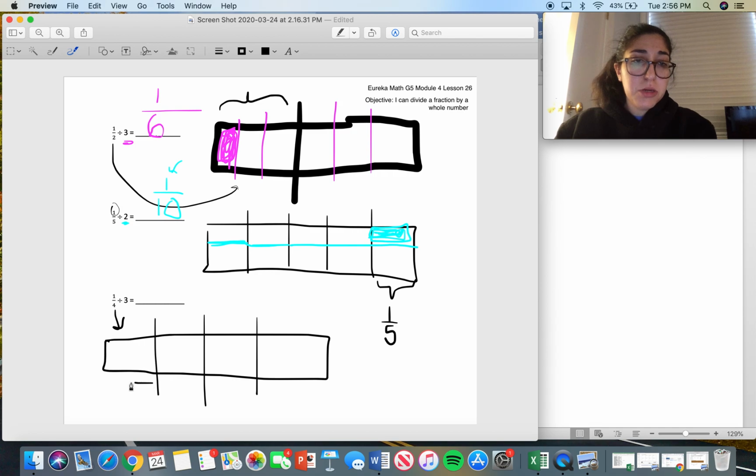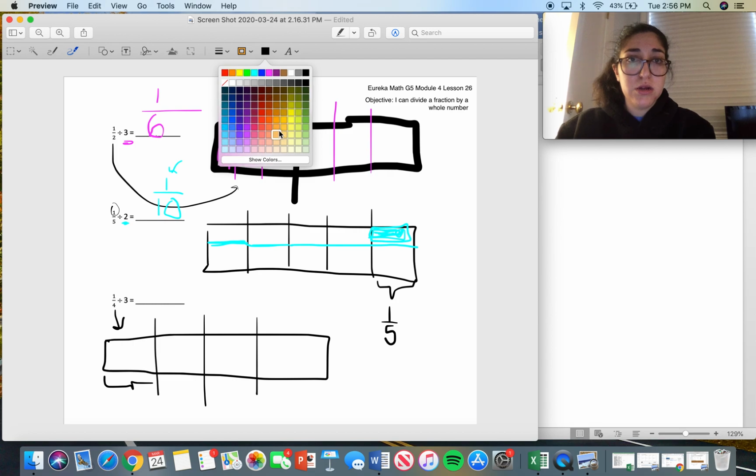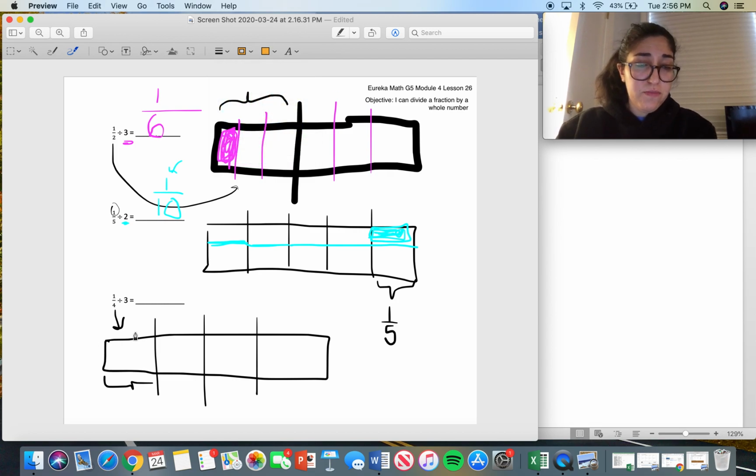How much am I breaking this fourth into? Just do orange. I'm breaking it into 3 because that's what this tells me. So I'm going to say 1, 2, 3. And because I did it here, exactly right, I need to do it for my others as well.